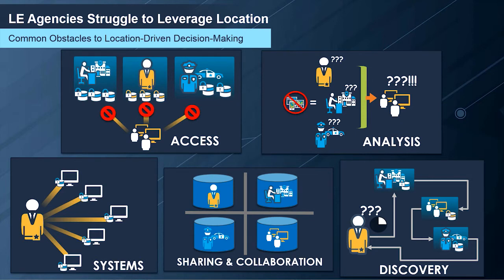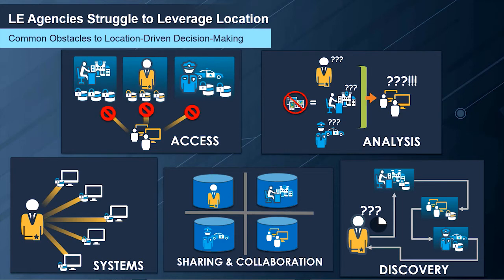Personnel with appropriate security permissions can't utilize that data where they actually need it. We hear things like patrol officers lacking access to critical information in the field, information to help them respond more effectively or to keep themselves safe, things like gang territories and gang member residences.